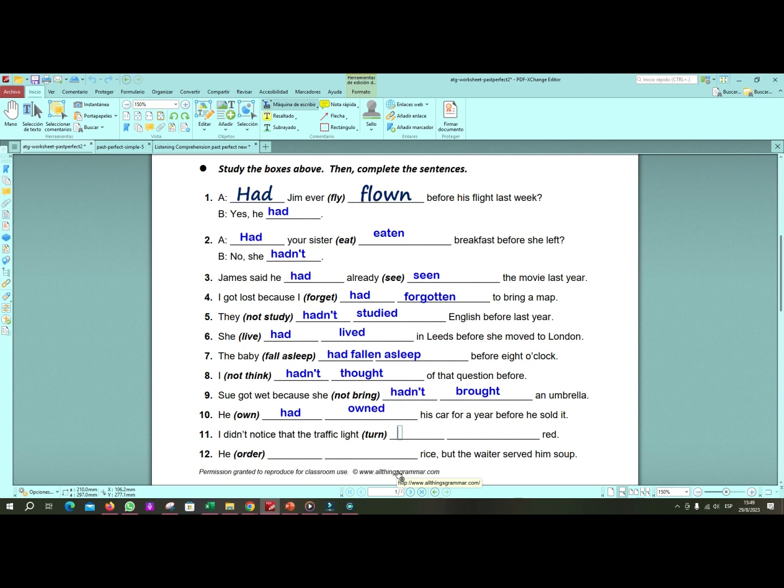I didn't notice that the traffic light turned red. I didn't notice the traffic light had turned red. Don't forget had turned red, right? So I didn't notice that the traffic light had turned red. Okay, nice. Ordered. Oh, he had ordered, right?